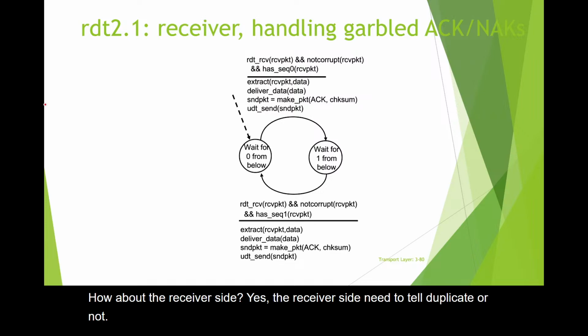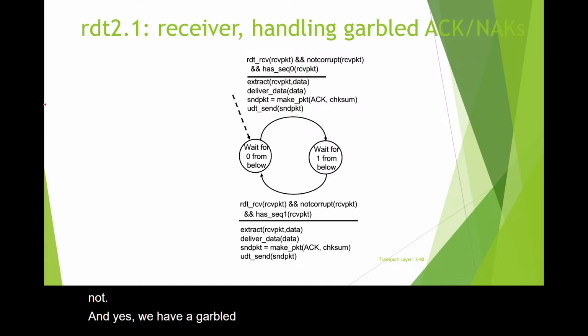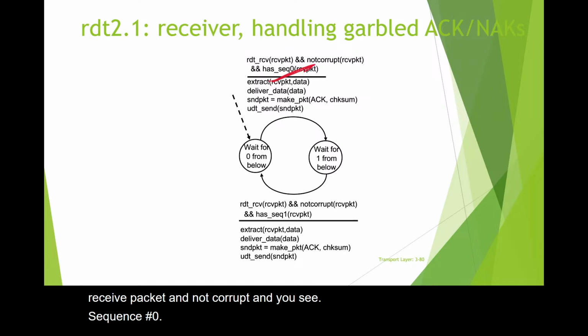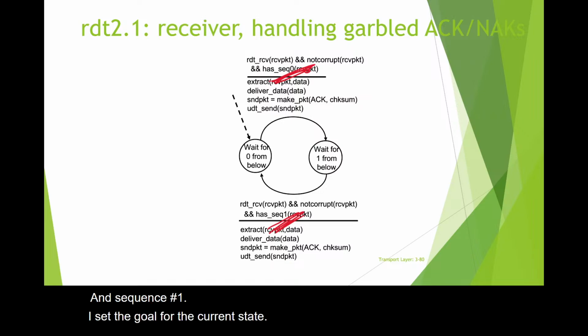And yes, we have an acronym. So same, receive the data packet. So receive packet and not corrupt. And you see, sequence number 0. And sequence number 1. I set the goal for the current state. I expect 0. Yeah, I receive the packet, not corrupt.